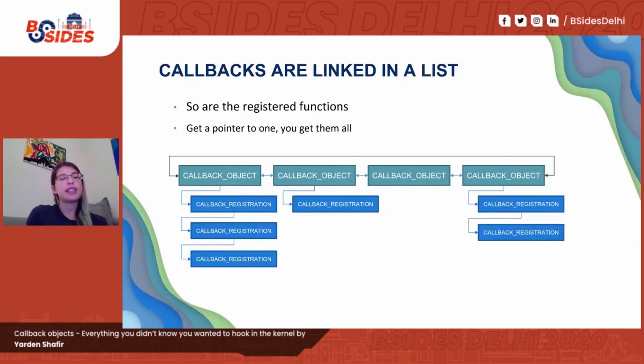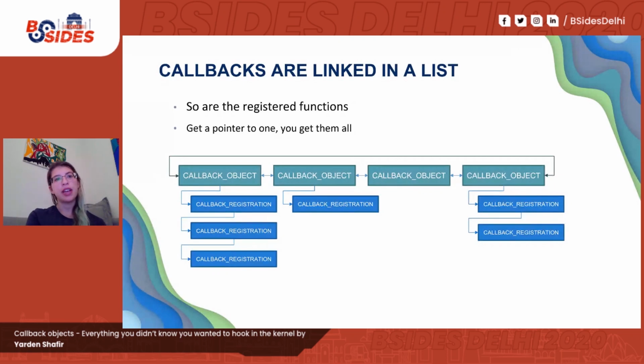Here, we basically have the same thing in diagram form. We have the two lists. We have the list that connects all the callback objects together. And in each one of them, we have the internal list connecting all the callback registration entries inside the callback. Each callback registration is one driver that registered a function to be notified when the callback is notified.